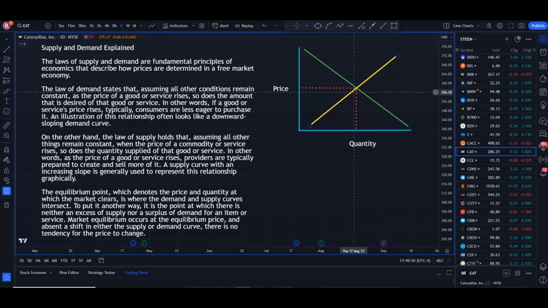Again, there's not an excess of supply or demand. Price is at fair value. Quantity is where it needs to be.